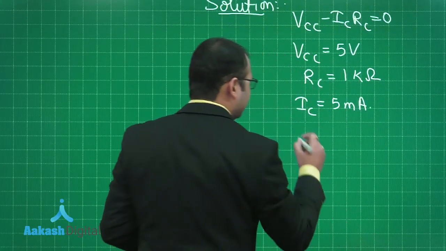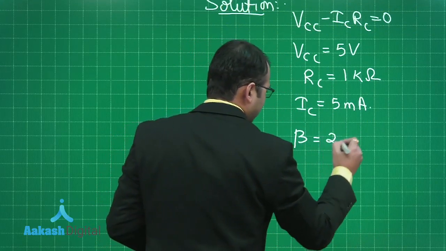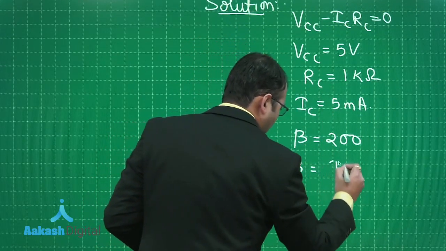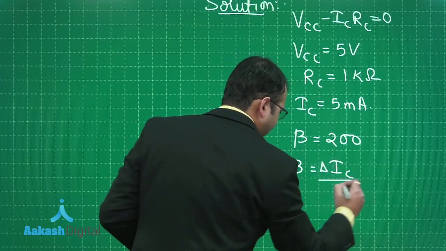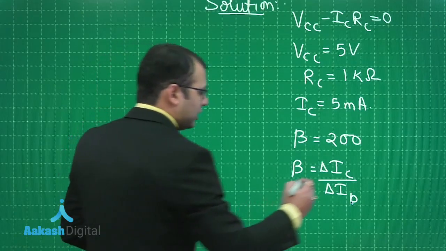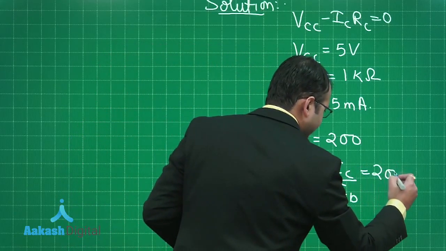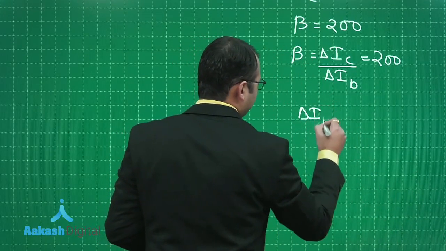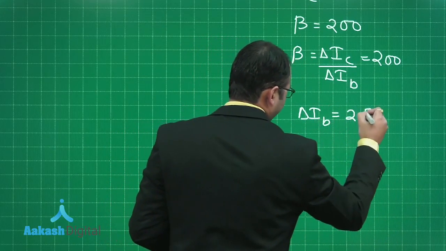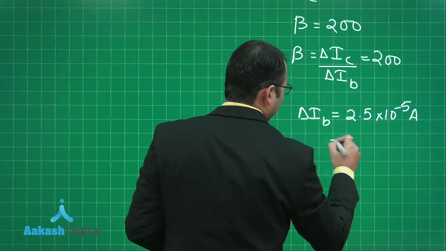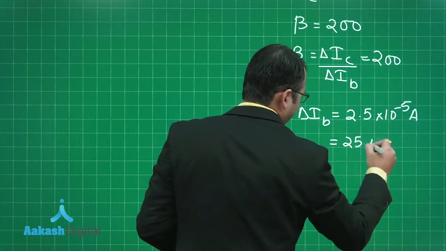And the current gain is given to be 200. So you are well aware that beta is equal to output current by input current. Here input current is IB and this is given to be 200. Solving this, you will get IB equal to 2.5 into 10 to the power minus 5 ampere, or I can also write 25 microampere.